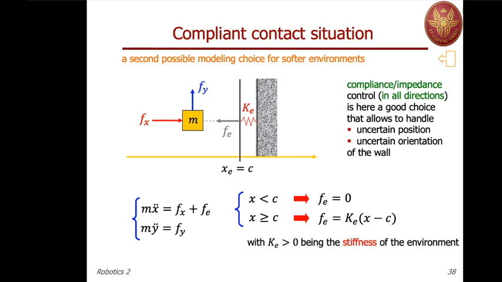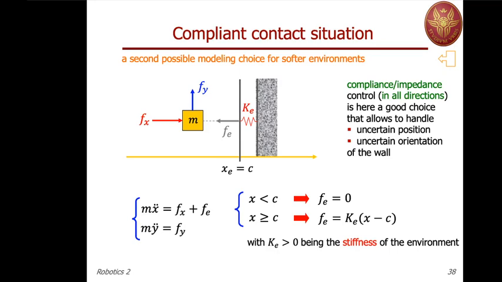Indeed, we expect there's a main direction where we will have contact and a main estimated direction where we could be free, but some uncertainty are best handled in this case by a full impedance control law. So I will come back on this discussion later on.